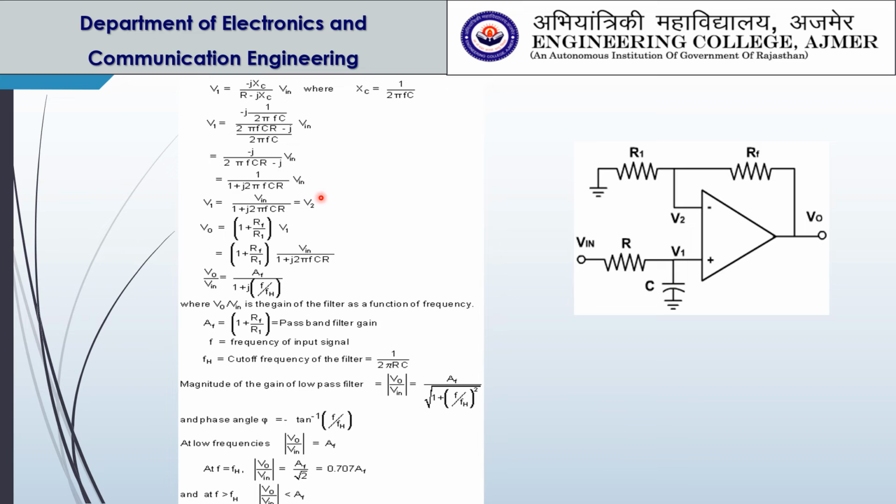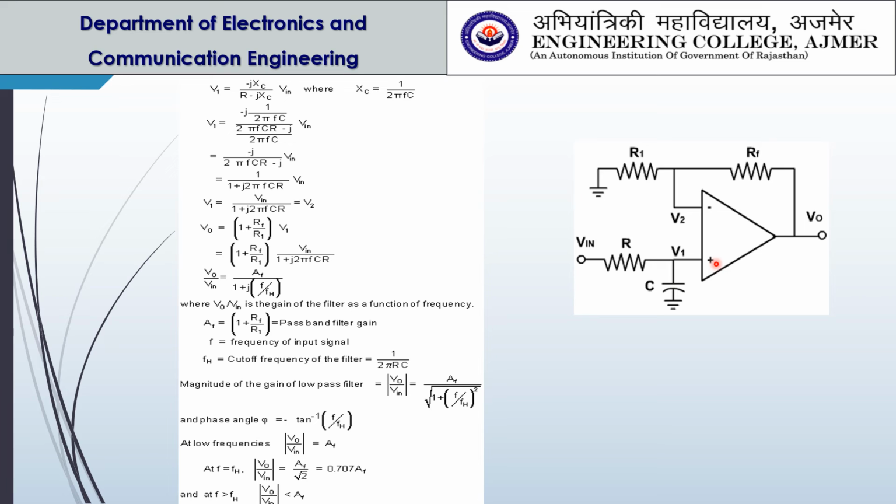Due to negligible differential voltage at the input of the operational amplifier, V1 will be equal to V2. The output in this configuration is given by 1 plus RF by R1 into V1, because this is a non-inverting amplifier.